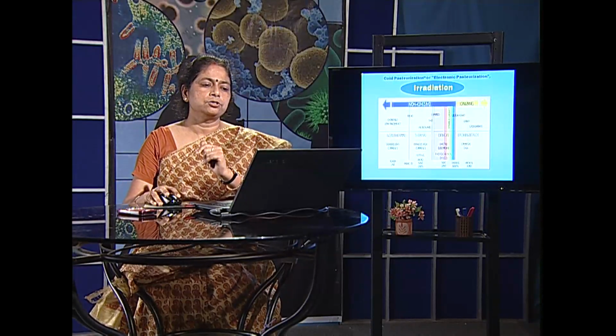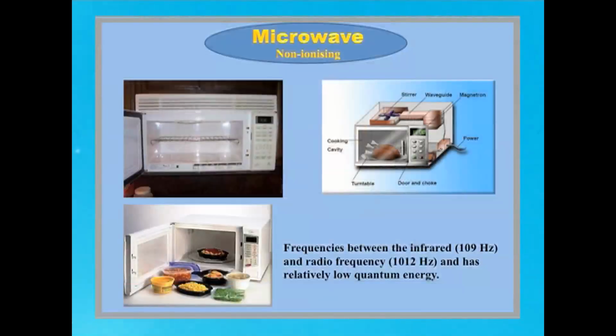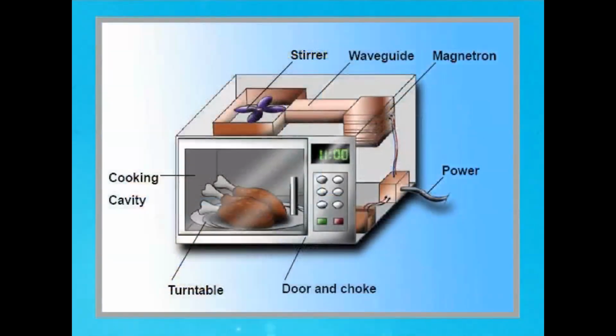In continuation to our non-ionizing radiation, let us study the different wavelengths which are used for the preservation of food. The first source of non-ionizing radiation is a very common apparatus that we use in our kitchen. Yes, we very well know our microwave oven. The microwave oven produces waves known as microwaves, which are produced with the help of a component present inside the microwave called the magnetron.